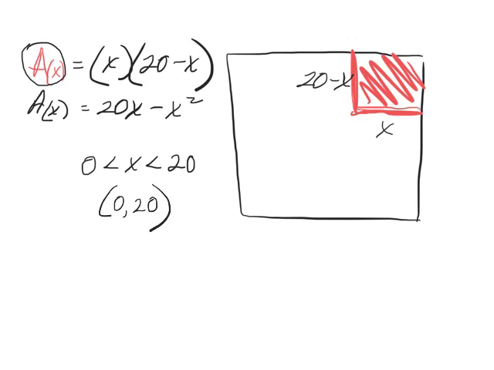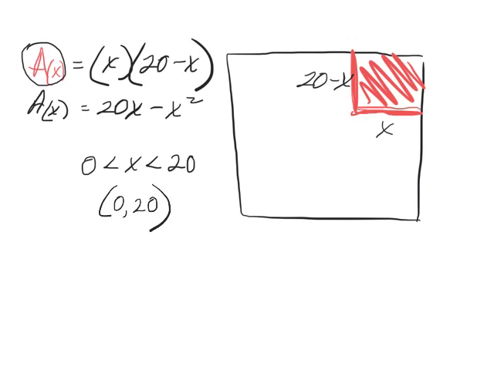And the next part says using the graph shown at the left, so I'm looking back on page 123, the parabola there, determine the dimensions that maximize the area of the floor. What I'm looking at on that graph is the maxima, or the maximum height. The maximum height says that if x is 10, y is 100. That's the highest point.